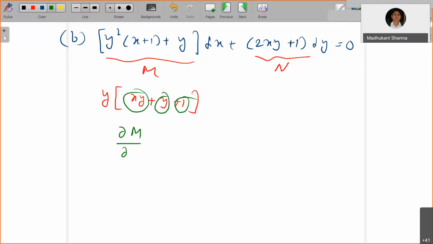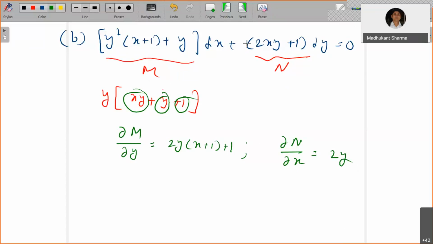Moreover, you can see dou m by dou y is equal to 2y times (x plus 1) plus 1, and dou n by dou x is equal to 2y. In this case also there is no need to verify. First, you look at n as well.